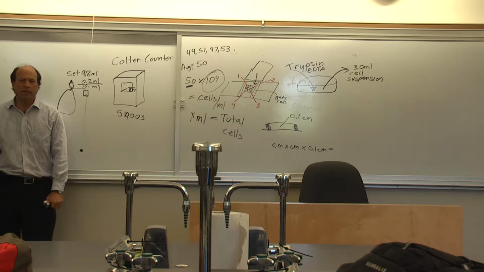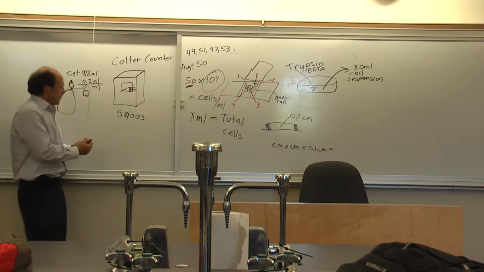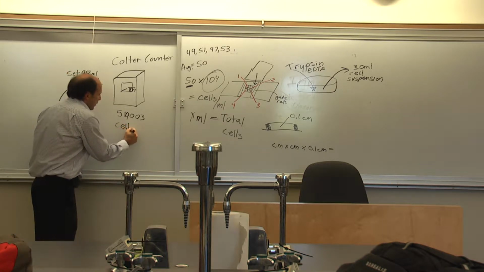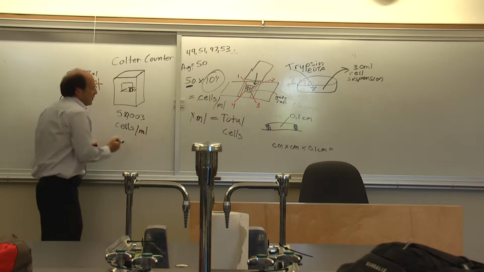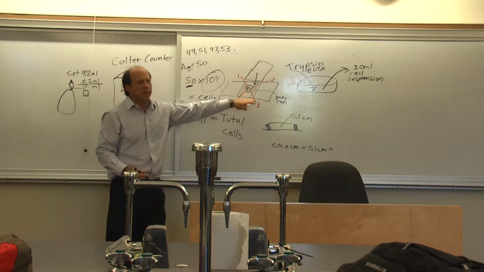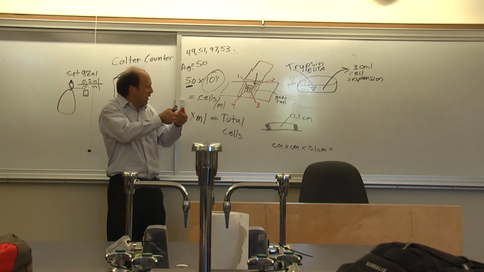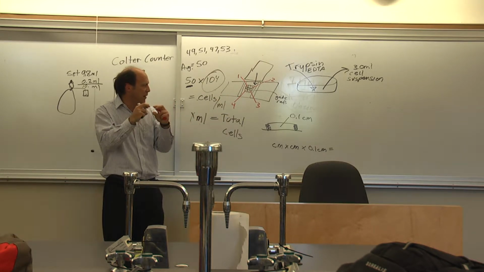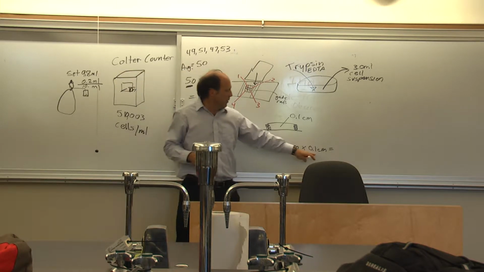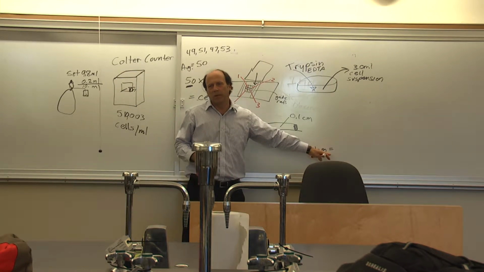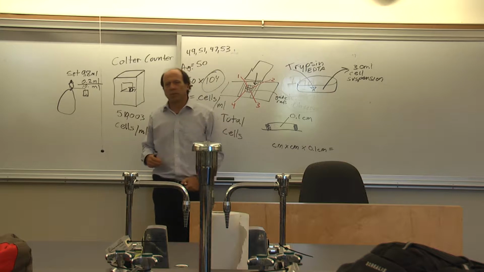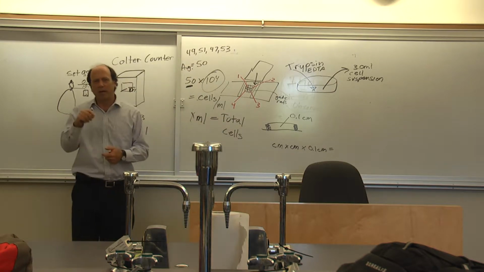Does everybody follow that? So if I asked you, in the quiz about cell counting, you'll be able to tell me about the hemocytometer and why you can count the cells. You can count the cells because that slide created a specific volume, which was 0.1 cubic centimeter. So, 1 times 10 to the minus 1.